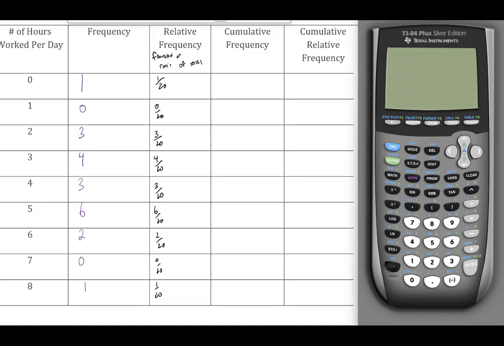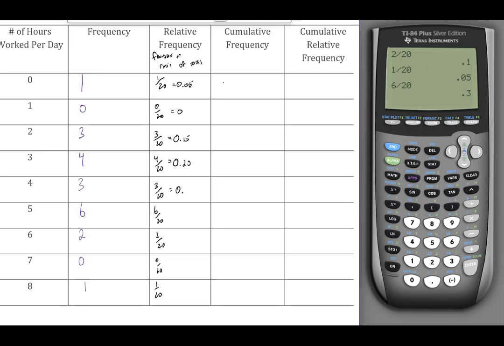Again, we can grab our calculator, and we can do the same divisions that we did before. 6 divided by 20. So we know that this is 0.05. This is 0. This is 0.15. This is 0.20.